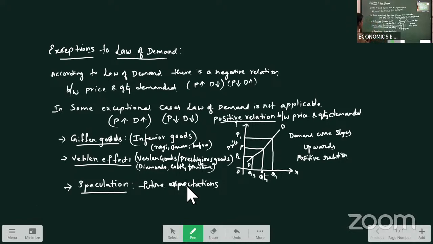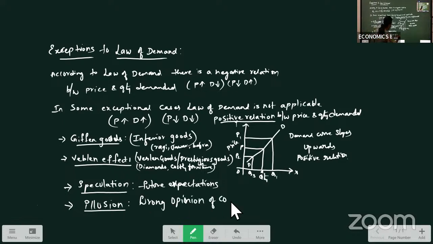Okay. The next one is illusion. Illusion means what? It is the wrong opinion of the consumer that the higher the price, the better the quality, and the lower the price, the lesser the quality.